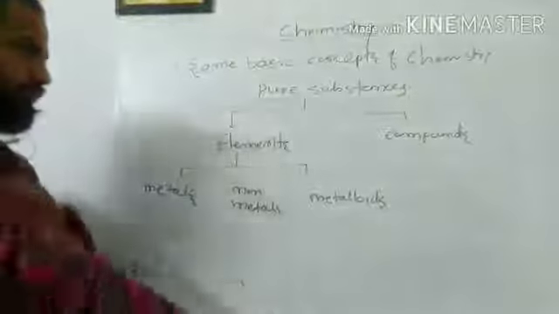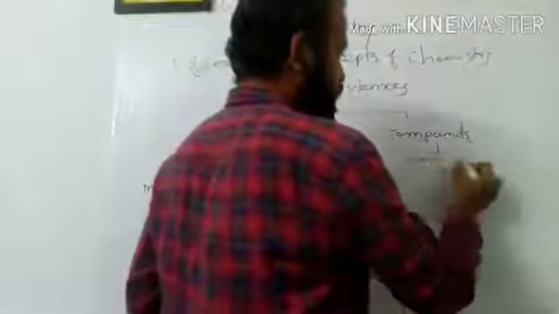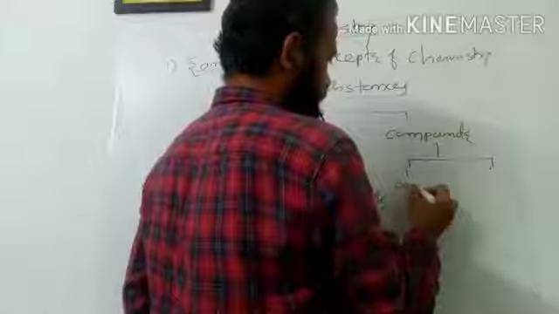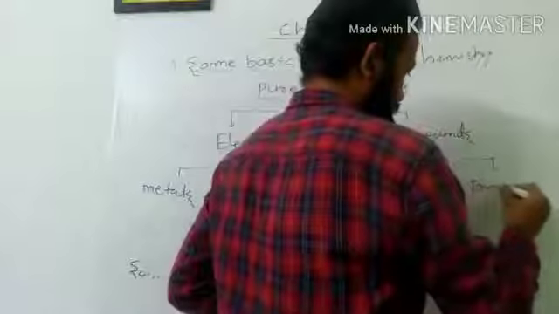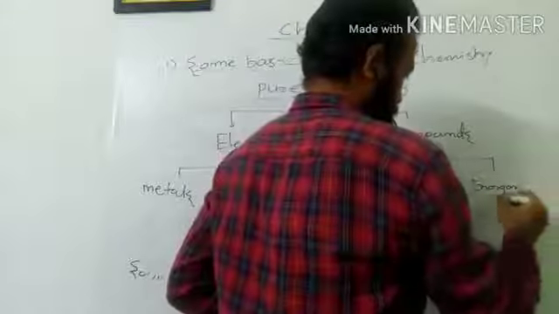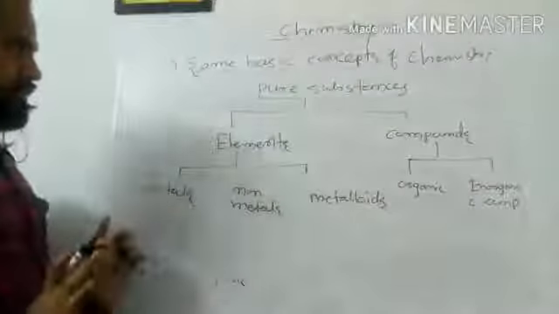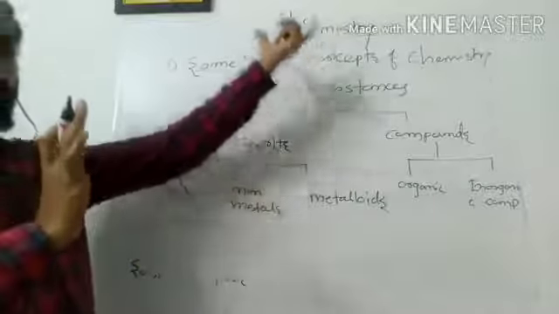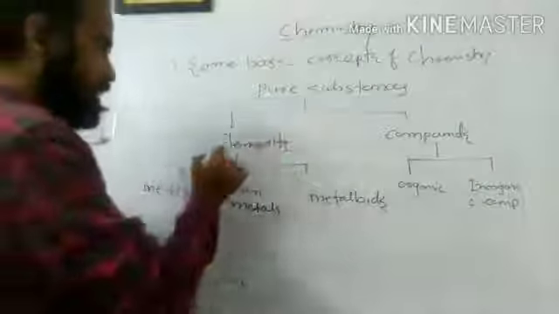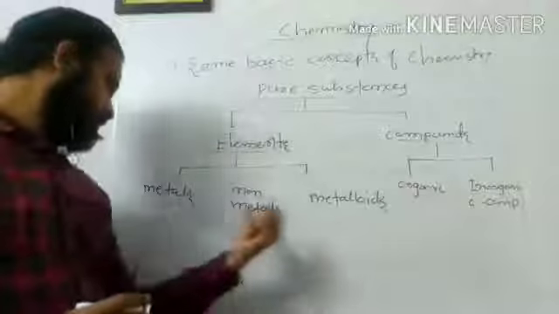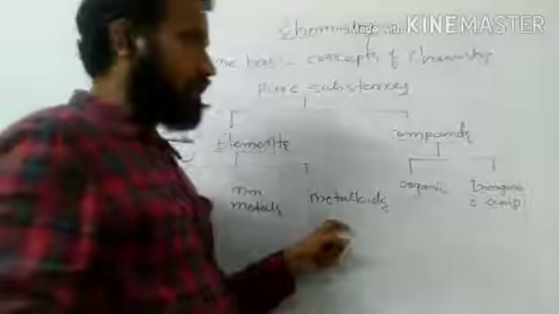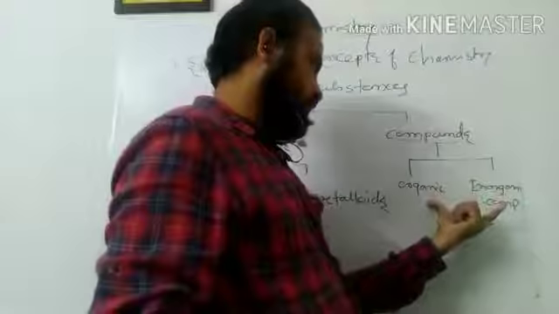Compounds are classified into two subtypes: organic compounds and inorganic compounds. So this is the classification. Pure substances are classified into two basic types, elements and compounds. Elements are subdivided into metals, non-metals and metalloids, and compounds are classified into organic and inorganic.